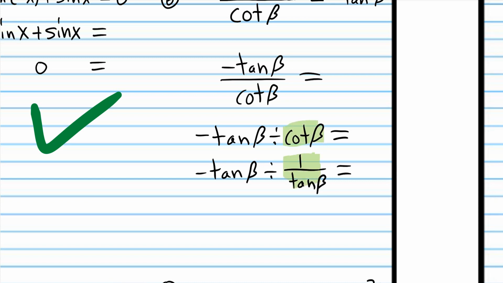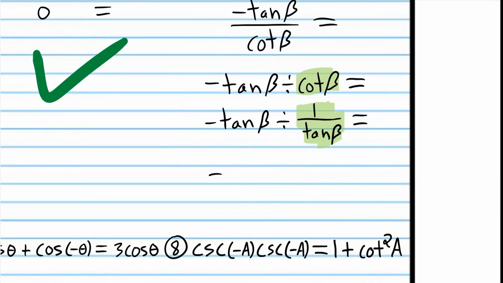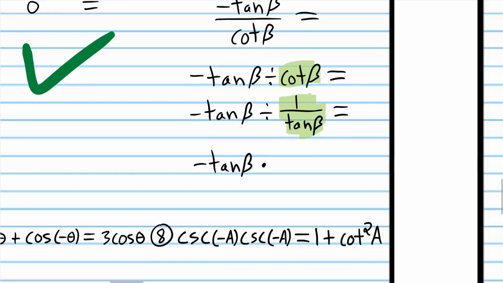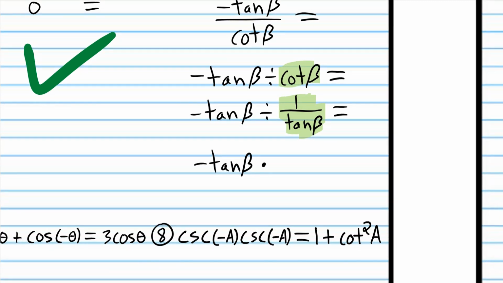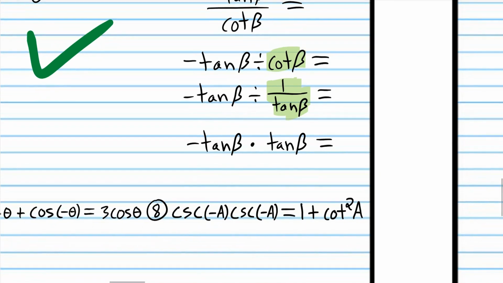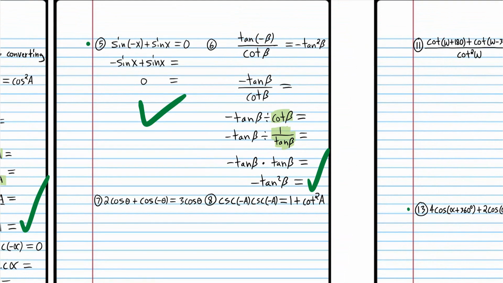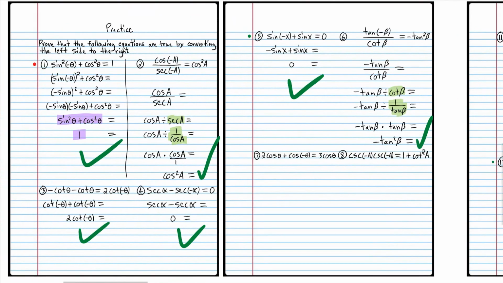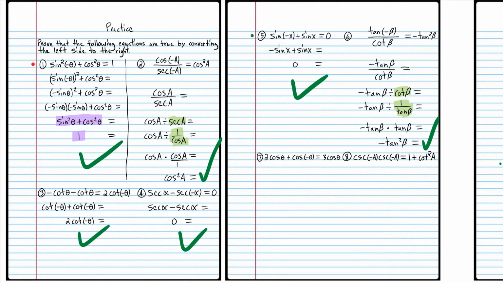So that was a reciprocal identity. Then I'm going to follow the old division algorithm, change to multiplication and flip the divisor and then multiply, and we get negative tangent squared beta. So we did it. So if you got that one right, excellent. Go ahead and try number 7, and when you come back, we'll do it together.